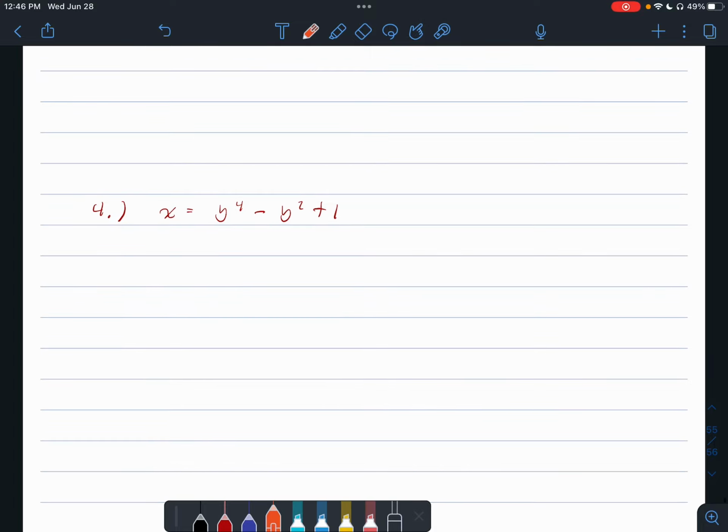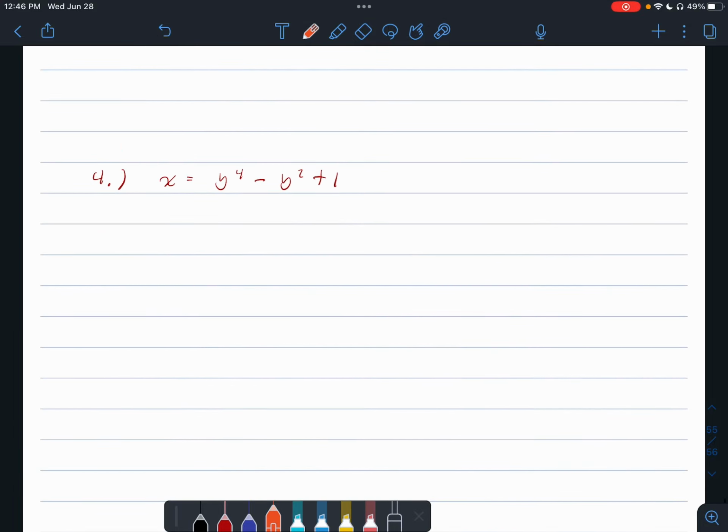Okay? Now, last one here, let's check x equals y to the fourth minus y squared plus 1. So if we check the x-axis, we can replace y with negative y. We'll get, forgot to add x equals here.